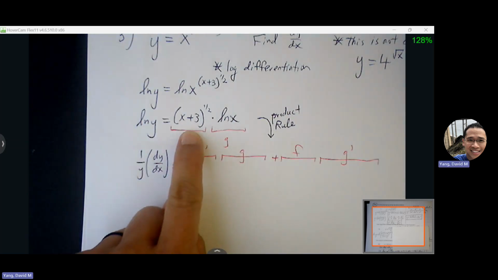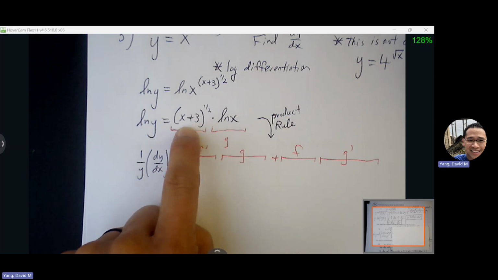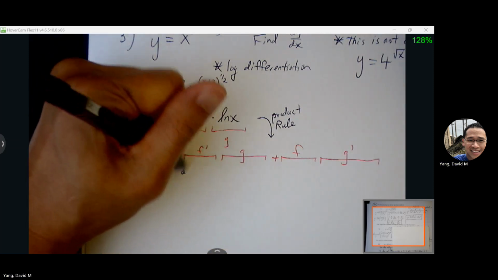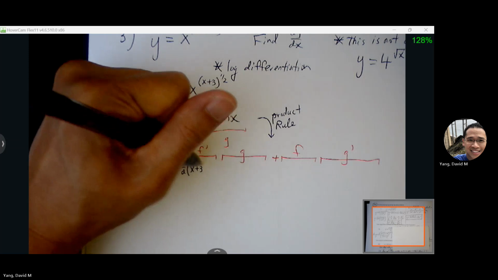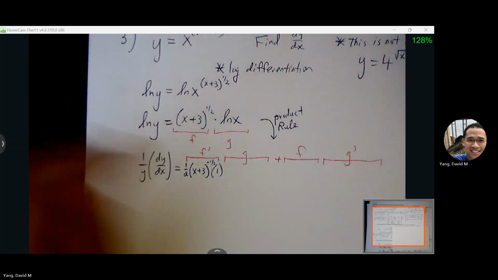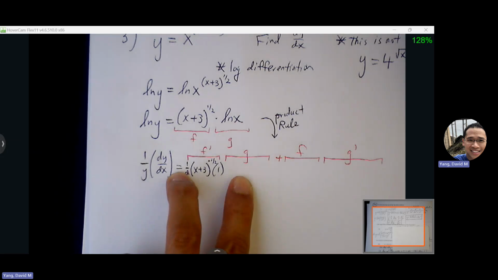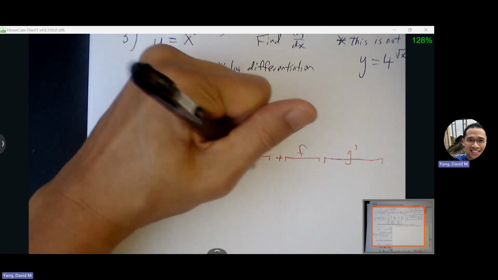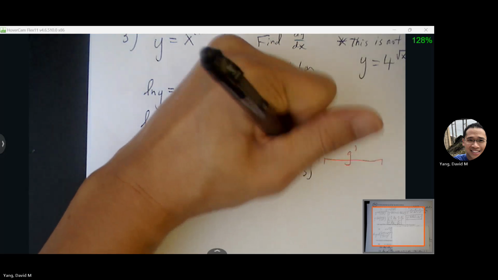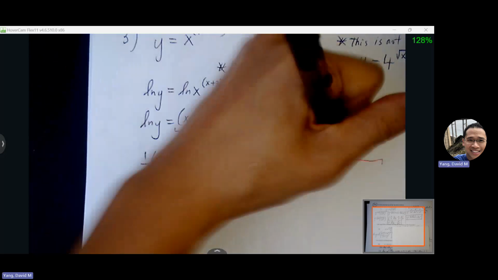F prime, a little bit of chain rule here. So outside times inside's derivative. There's my F prime. There's my G. Back to F. G prime.